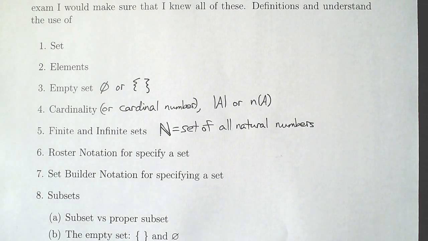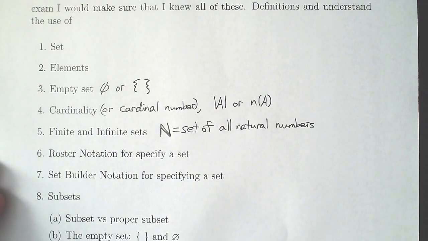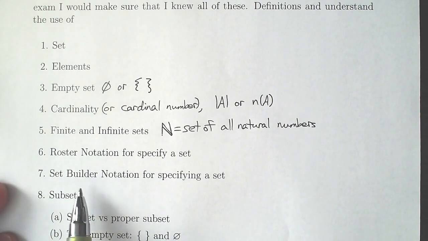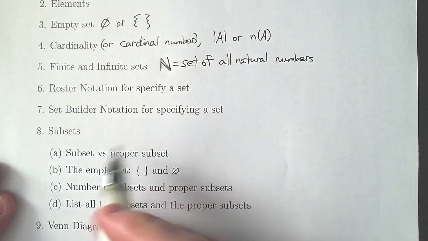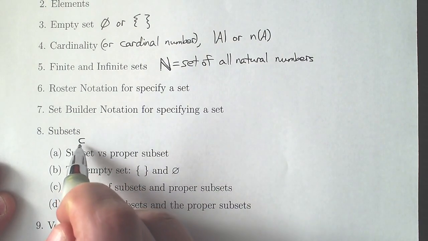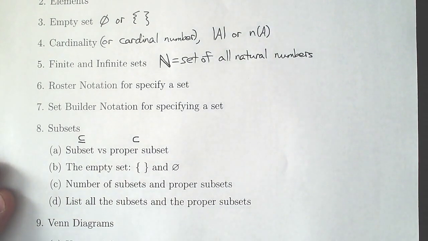That was either in 3.1 or 3.2, I think. But yeah, that's a set that has infinitely many things in it. Let's see. Roster notation, set builder notation, subset versus proper subset. So a subset, we use this. Proper subset, we use this.